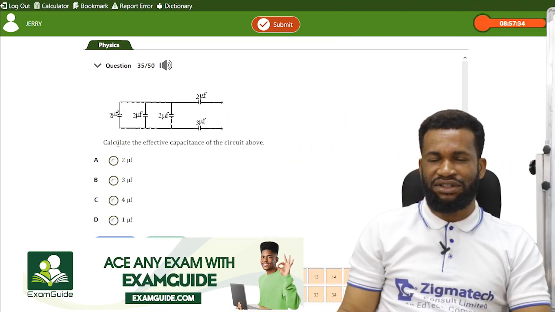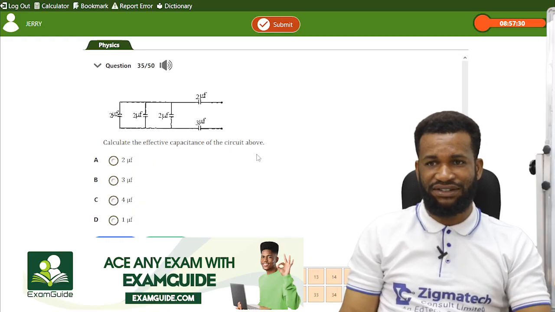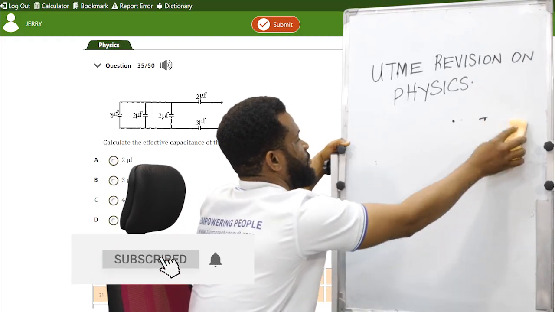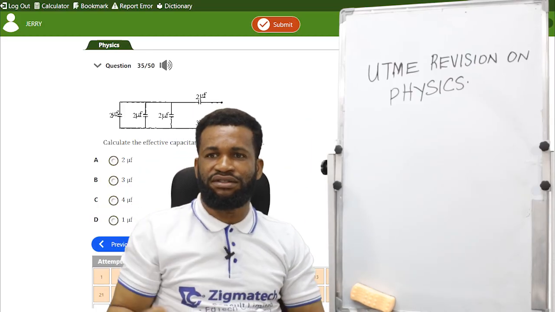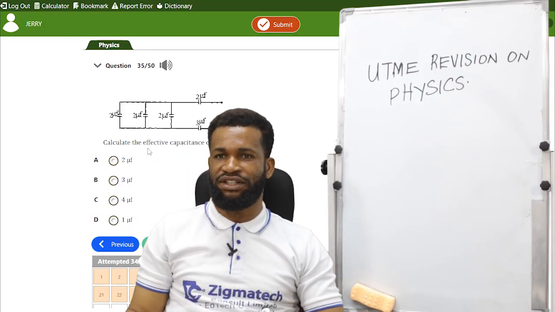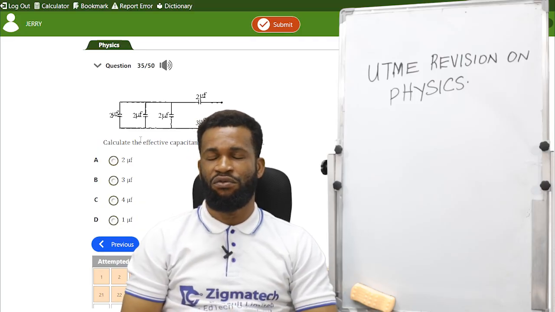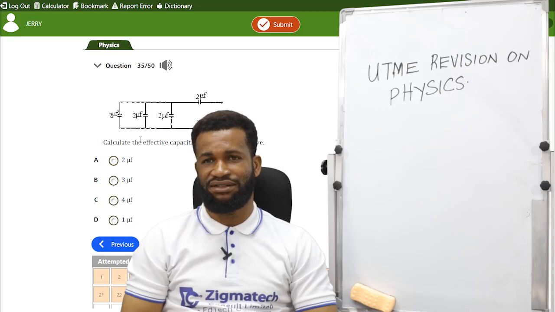Calculate the effective capacitance of the circuit above. When we talk about a capacitor, the effective capacitance is opposite to that of resistance.